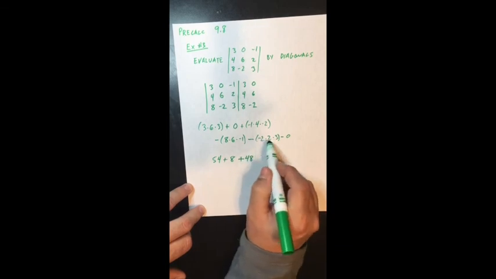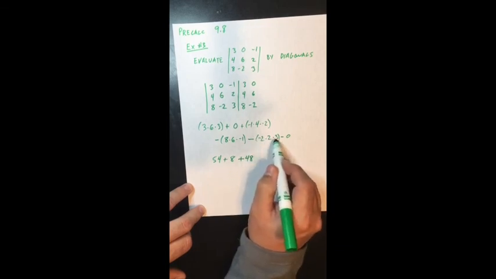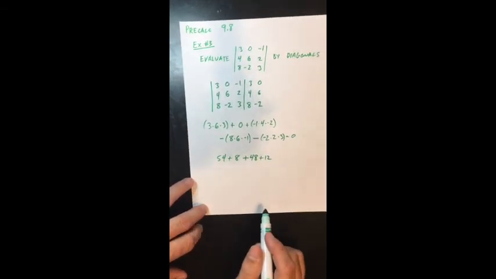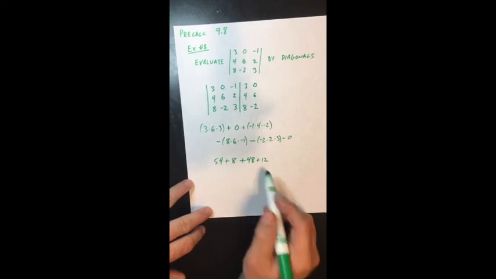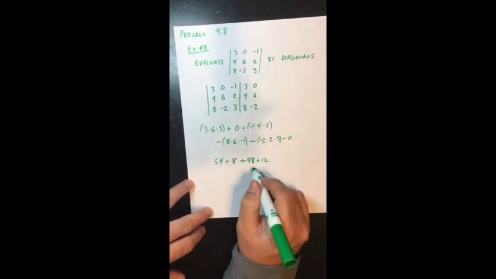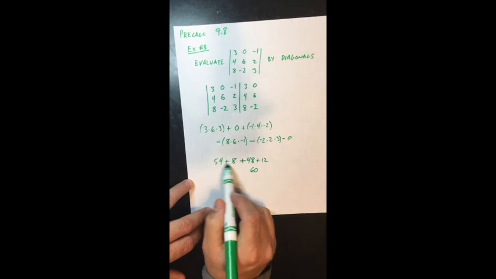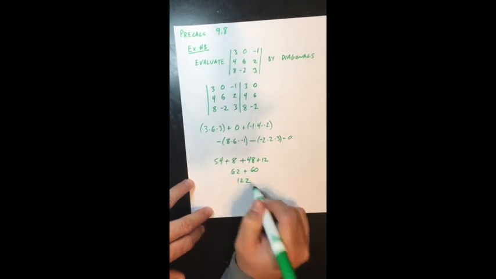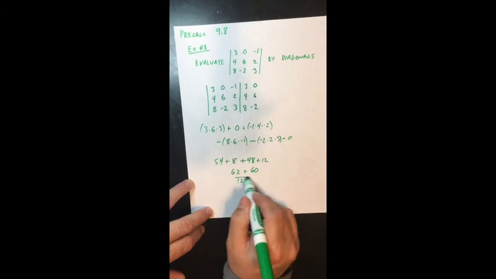And then -2 and 2 is -4, so this is -12. Minus -12 is plus 12. And then obviously minus 0. So 48 and 12 is 60, and 54 and 8 is 62. So it looks like we have 122 for our determinant on this one.